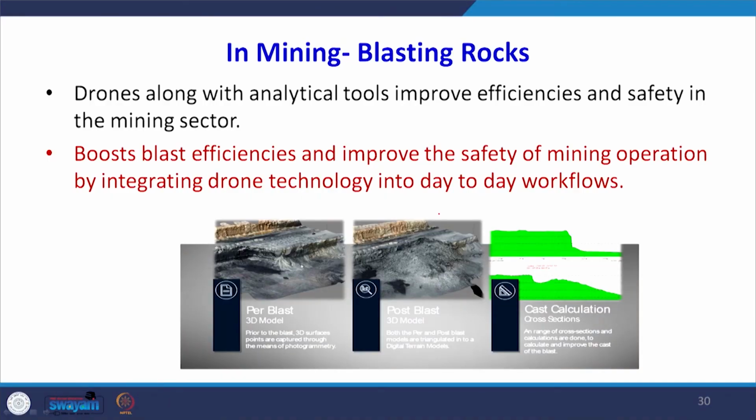So, with the help of the drone system, the area is monitored, and one can see from the slide here the post-blast image and the pre-blast image, and then you can carry out some kind of profile mapping. What was the profile before, what is the profile afterward. On the top you can see the profile before, and the bottom one is the profile after. There is a sag here, so this is the material which has been removed by the blast. So one can identify the volume of the material which has come out from this particular place.